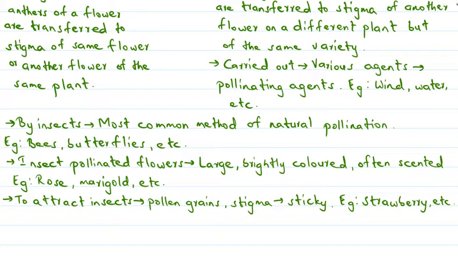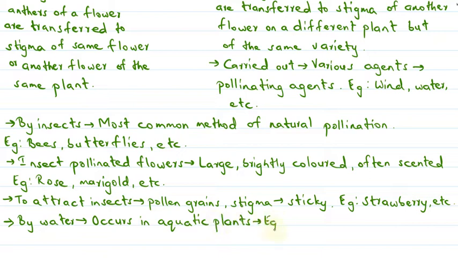Next, let's move on to the next agent, that is pollination by water. This type of pollination occurs in aquatic plants. For example, hydrilla. Hydrilla is an aquatic plant.